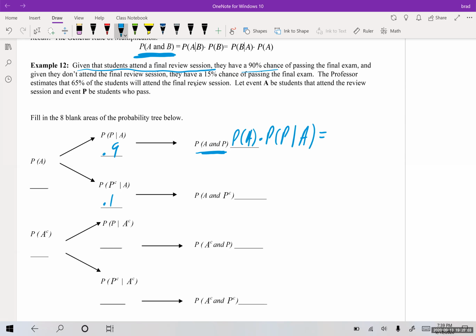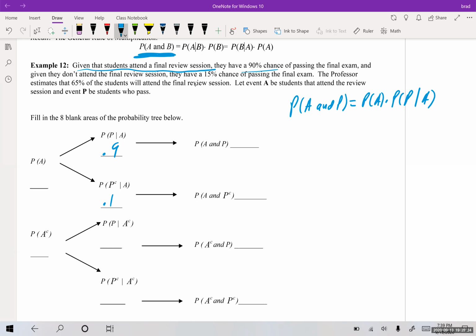Let me write that over here. Probability of attending and passing is equal to the probability of attending times the probability of passing given that you already attended.